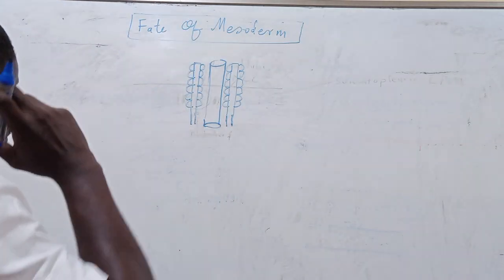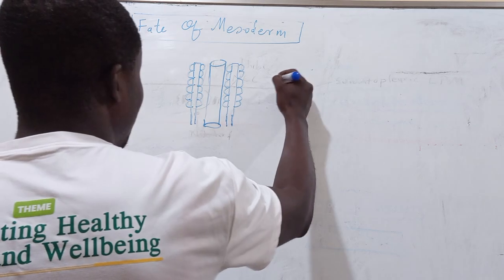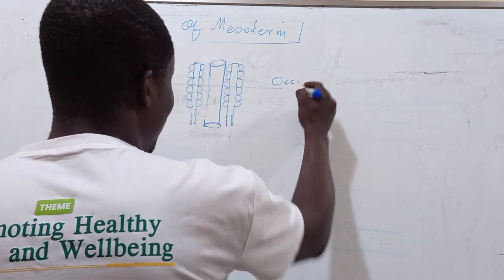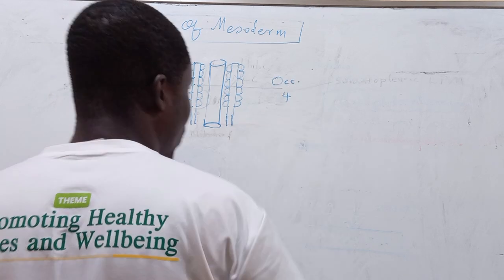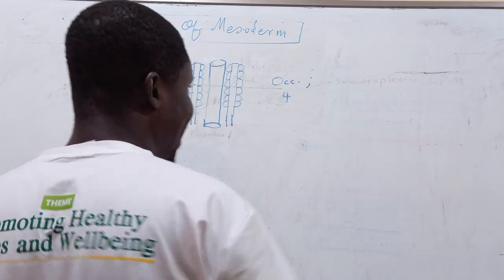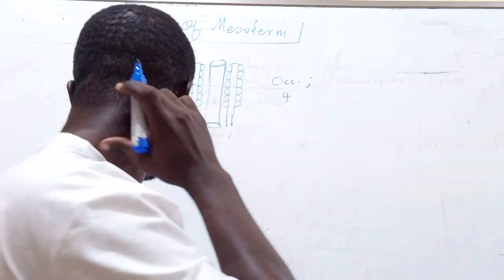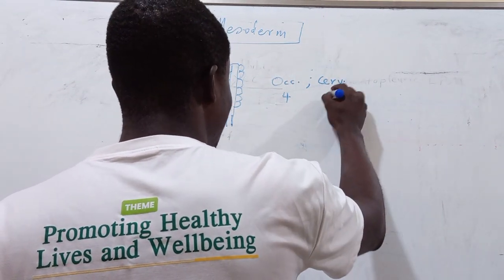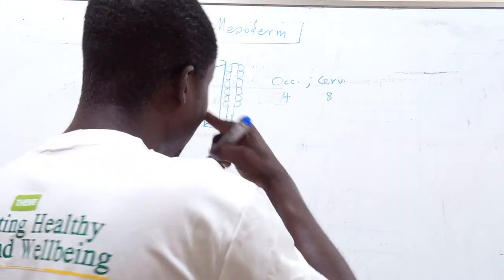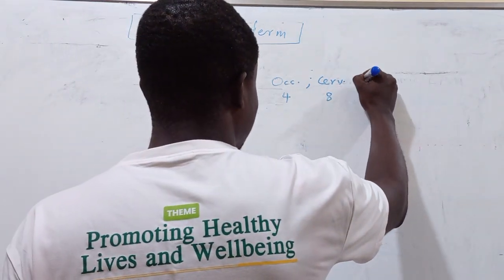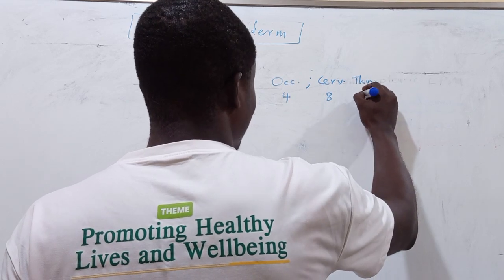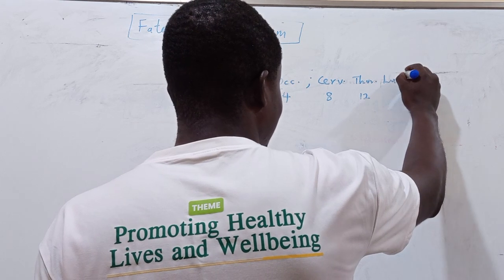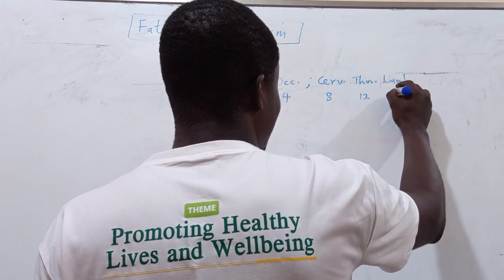In the occipital region, we have 4 somites. Then in the cervical region, that's the neck region, we have 8 of them. Then the thoracic region, we have 12 of them. Then the lumbar region, we have 5 of them.